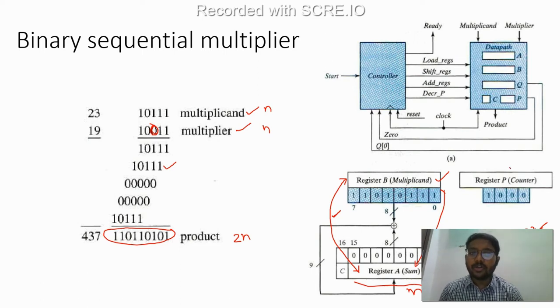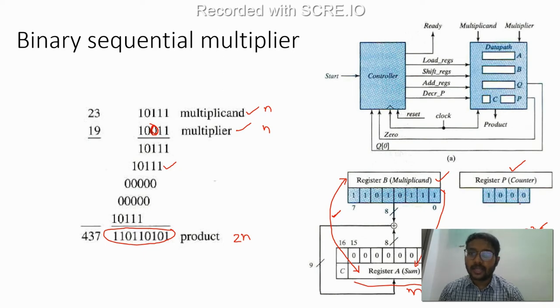Then you have a counter here, for how many times you should add or shift. Depending on the number of multiplier bits, if your multiplier bits is n, you take the counter value as n. Let's say you have an 8-bit multiplier here, so you take the counter value as 8, that is 1000.